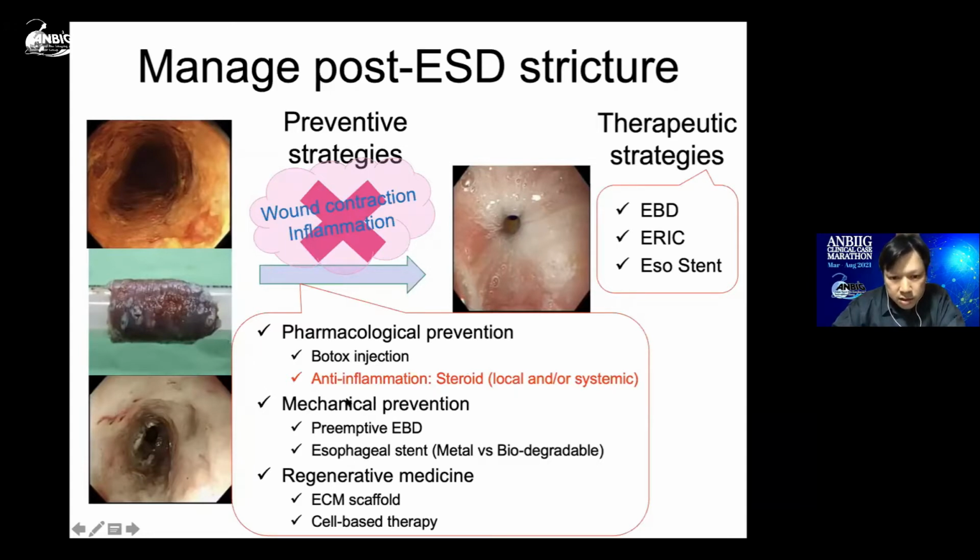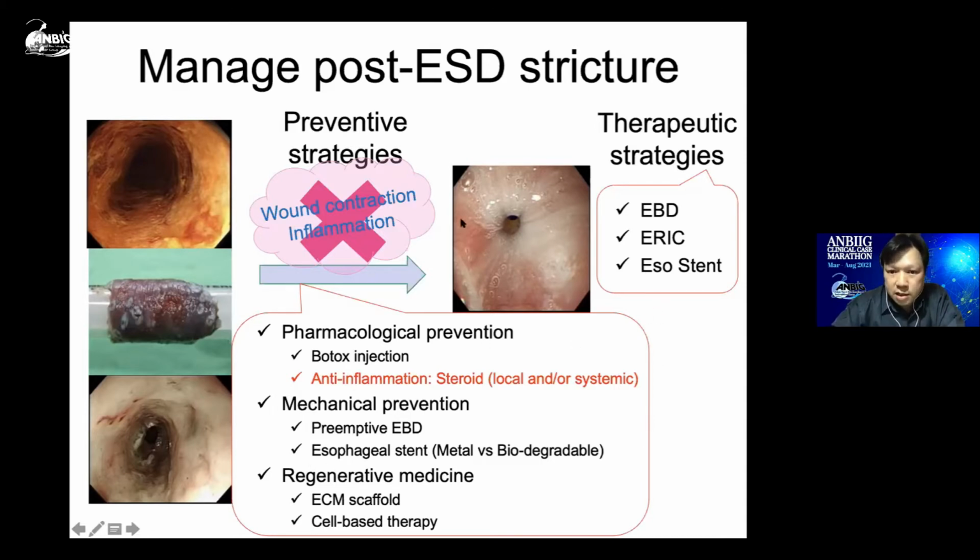And some studies show mechanical prevention like preemptive balloon dilatation, which is most popular in Japan. Some studies in China try an esophageal stent, and in Europe they have a biodegradable esophageal stent. And some studies show regenerative medicine, such as scaffold transplant or cell-based therapy.